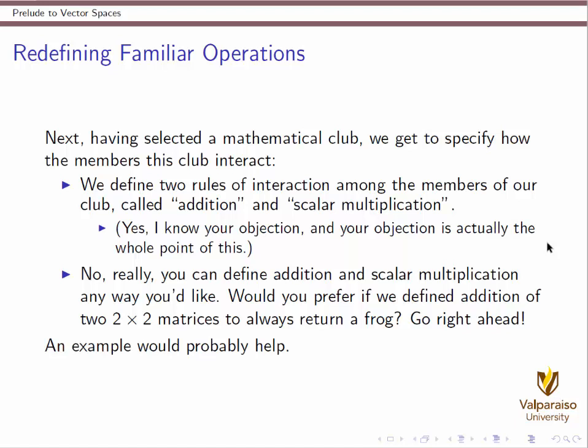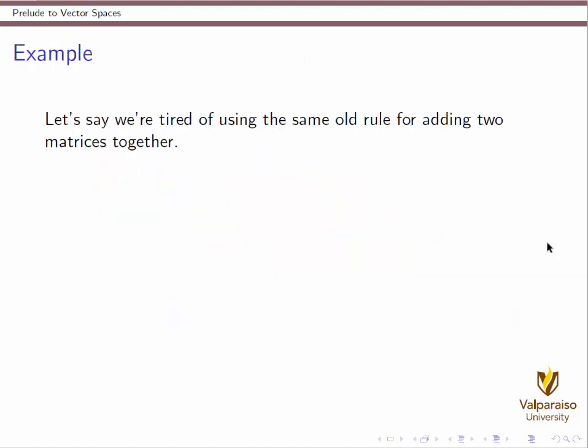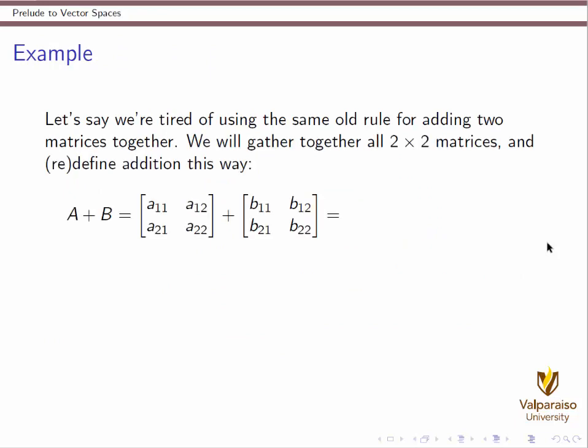Okay, so let's look at an example. We're tired of using the same old rule for adding two matrices together. You know how to add matrices together using the regular rule. And so if you were faced with these two 2x2 matrices, you know what you would do. You would add up all the components in the four individual spots, right? Well, we're going to change that a little bit.